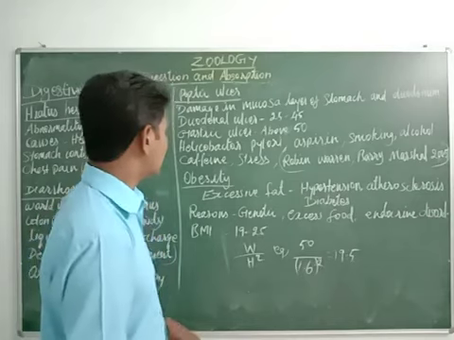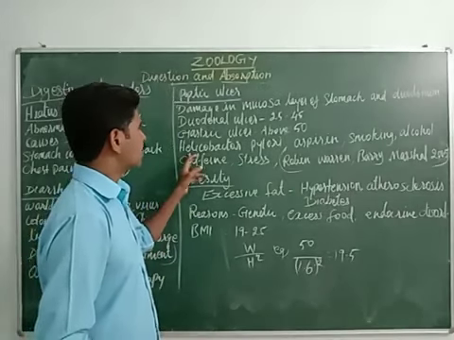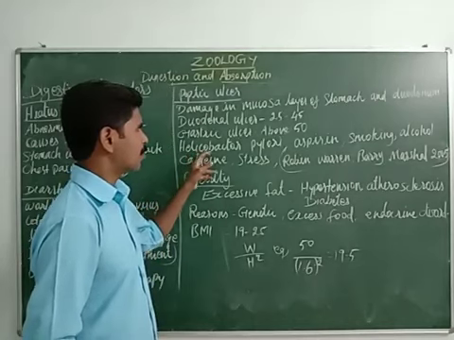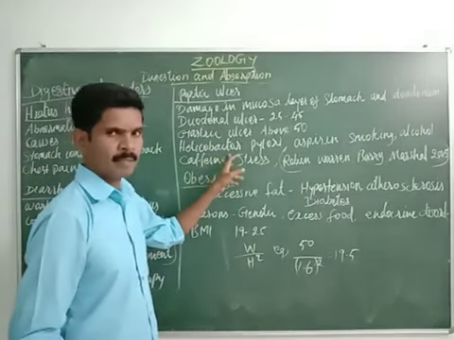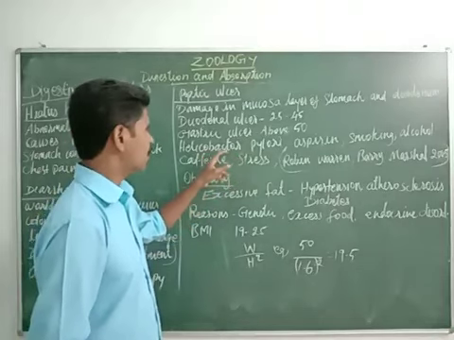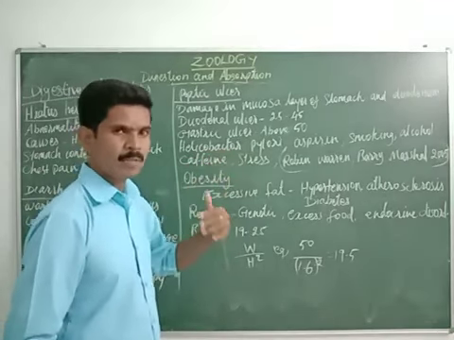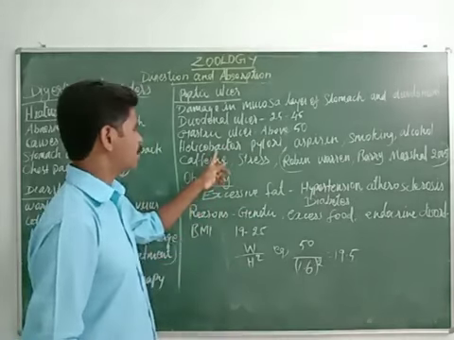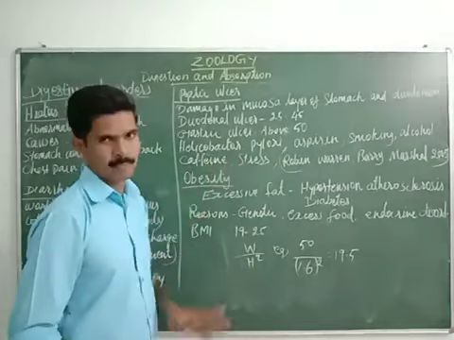Understand? The next point: one of the reasons for peptic ulcer is a bacteria called Helicobacter pylori. There are many reasons for this ulcer. It may be caused by a microorganism infection; the causative organism of peptic ulcer is Helicobacter pylori.